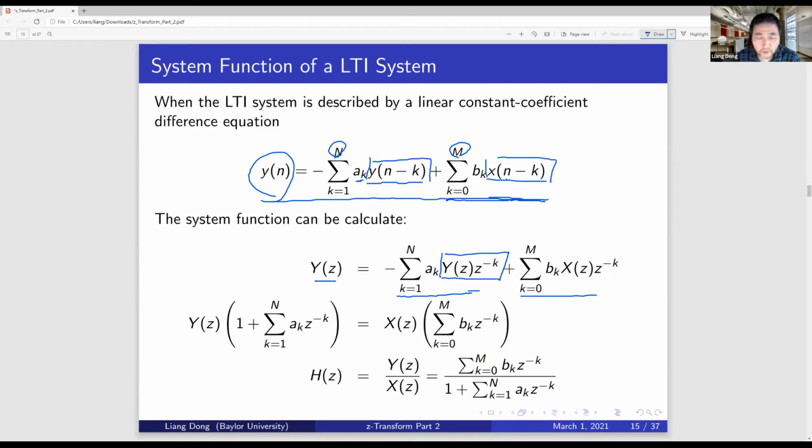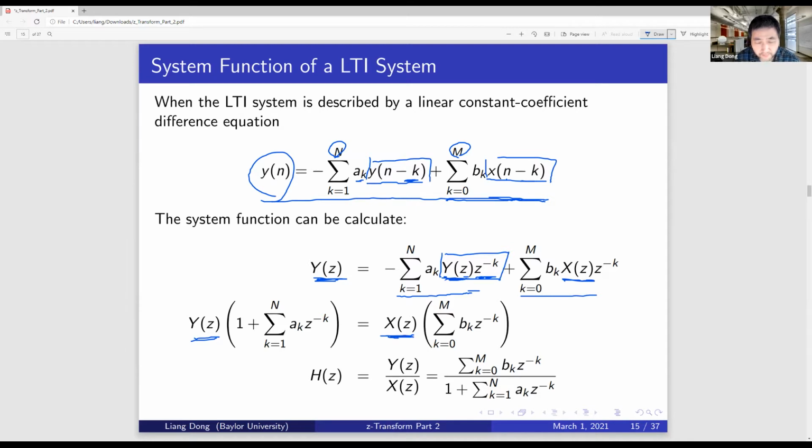And then according to the shifting property, we know this delay can be expressed in the Z domain as Y(z) times a term z to the power negative k. That is my k time unit delay. The reason we are trying to do this is because now we have extracted an individual Y(z) and an individual X(z). We would just pull this out of my parenthesis.